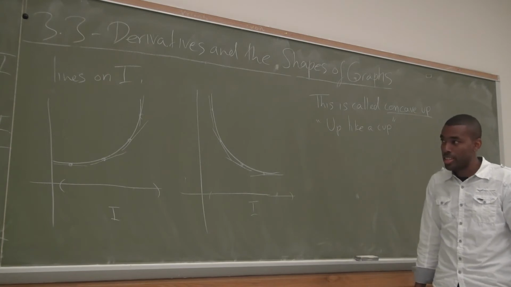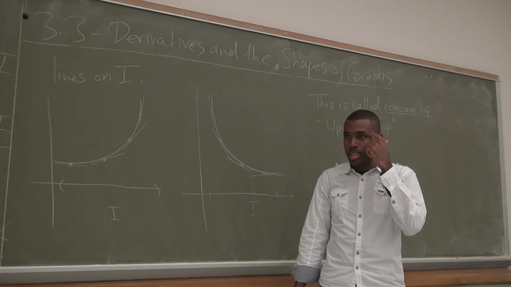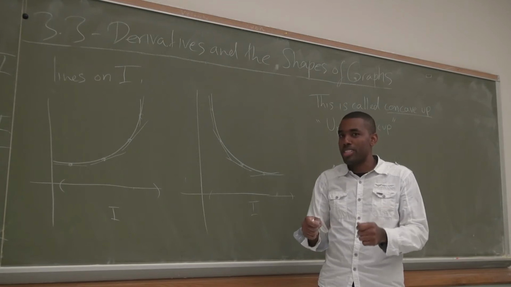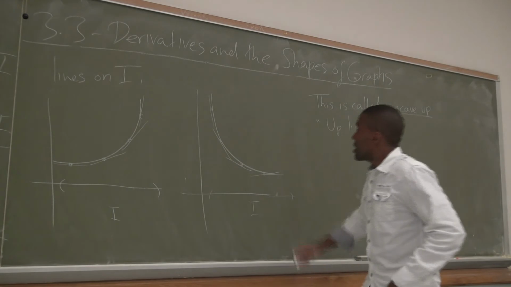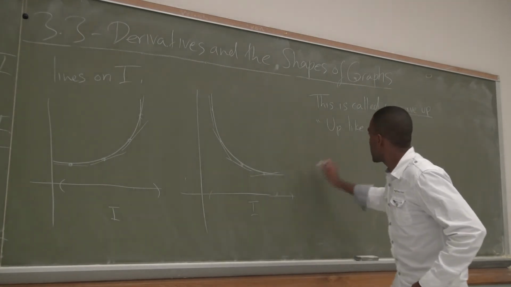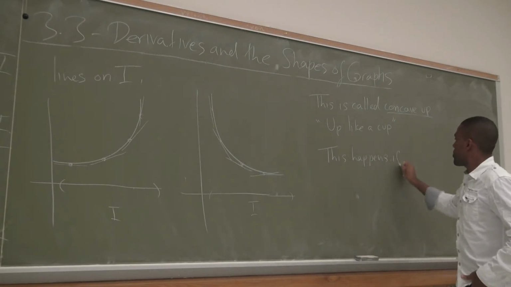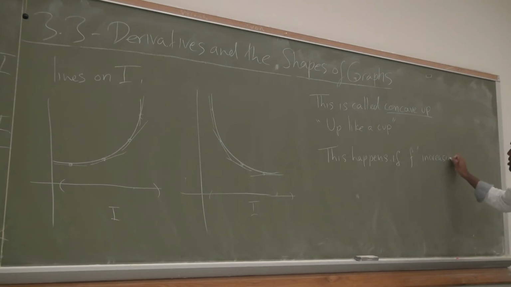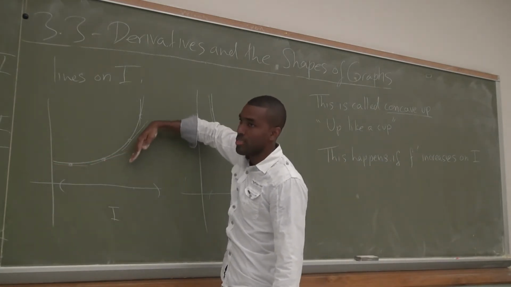What's going to be the connection? What's happening to my slope here? My slope is increasing. If I think of my slope as a function, how can I tell if that function is increasing? Find its derivative and check if it's positive. This happens if f prime increases on I. Here, my slope was like 0, now it's positive, now it's more positive, now it's more positive.